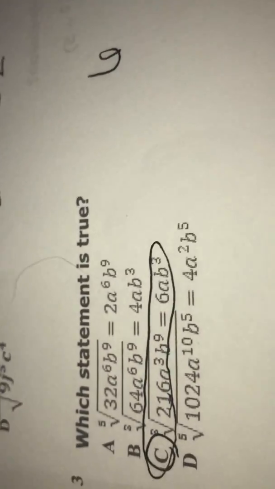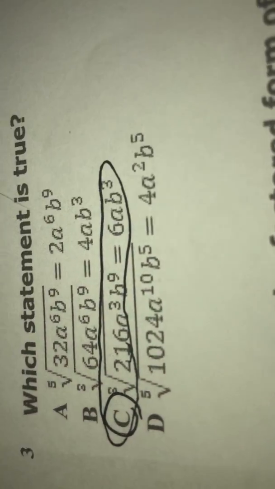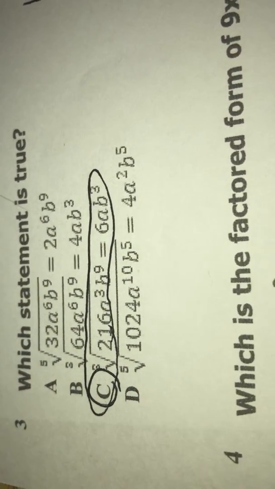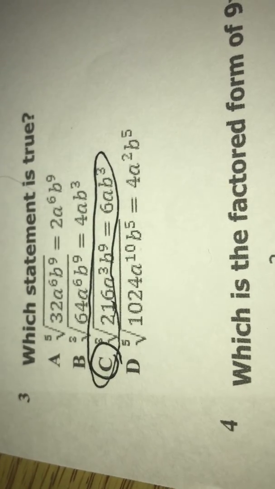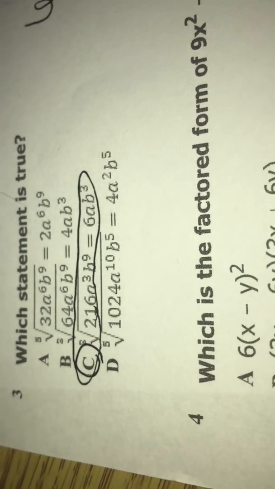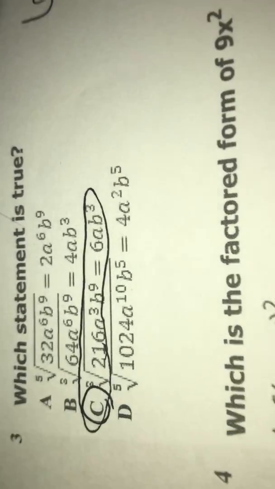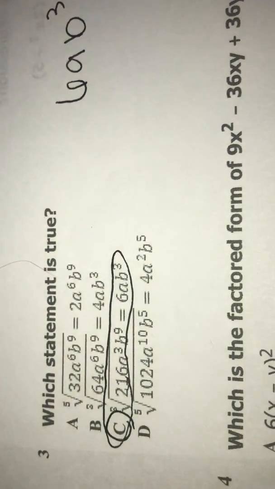And then you divided a to the 3rd by 3, and you got a, and then you divided b to the 9th by 3, and you got b to the 3rd. So that was the final answer for that.